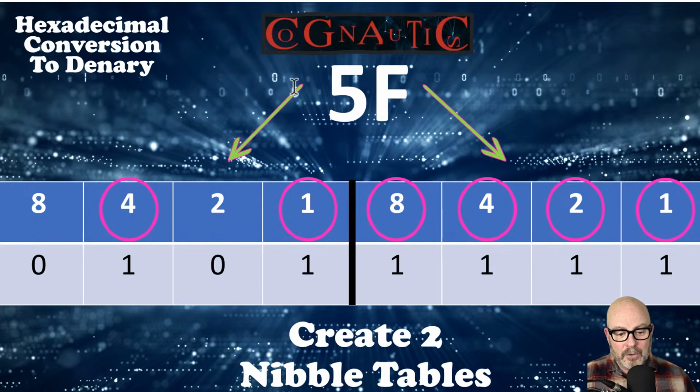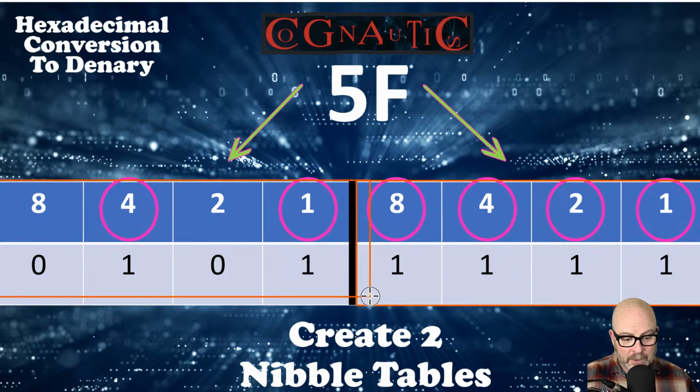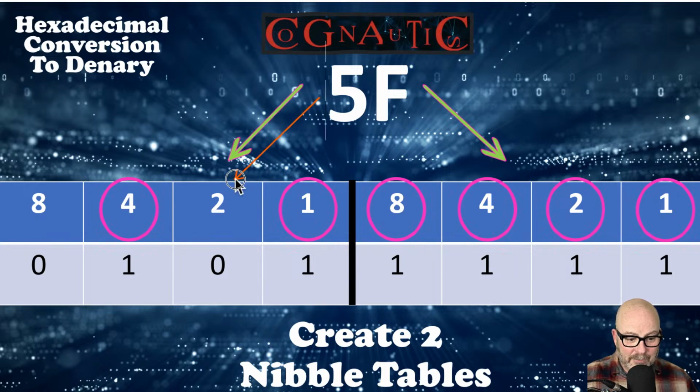Now it's the same process we've done before: you create 2 nibble tables, 1, 2, 4, 8, and then 1, 2, 4, 8. These 2 tables are identical, and you're drawing out 1 table for each number. The 5 relates to this nibble table, and the F relates to that one.